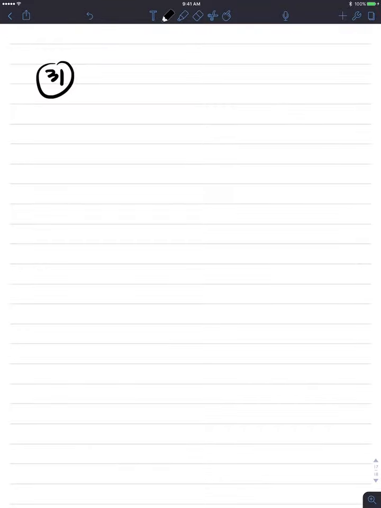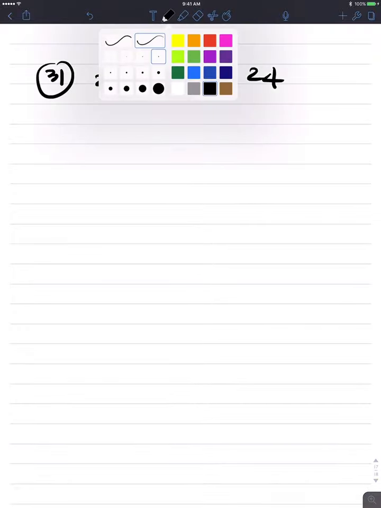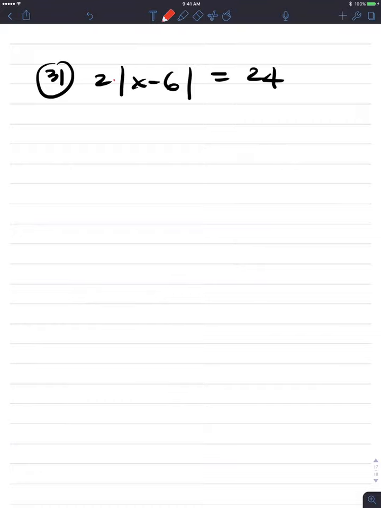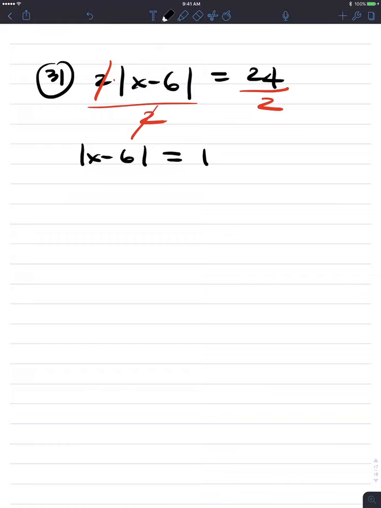Number 31, 2 times the absolute value of 6, x minus 6, is 24. Now notice this is 2 times my absolute value, so I'm going to divide both sides by 2. So I get cancellation, and the absolute value of x minus 6 now becomes 24 divided by 2, which is 12.